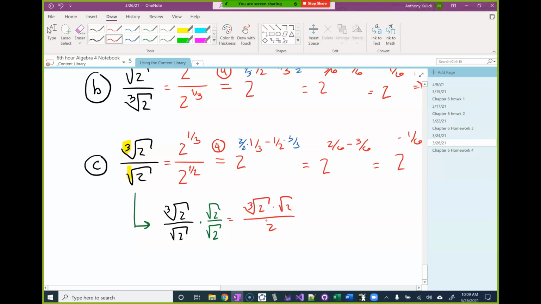And the advantage there is that this is what we did in example A, right? That's the exact problem we had in example A, which I already know the answer to.